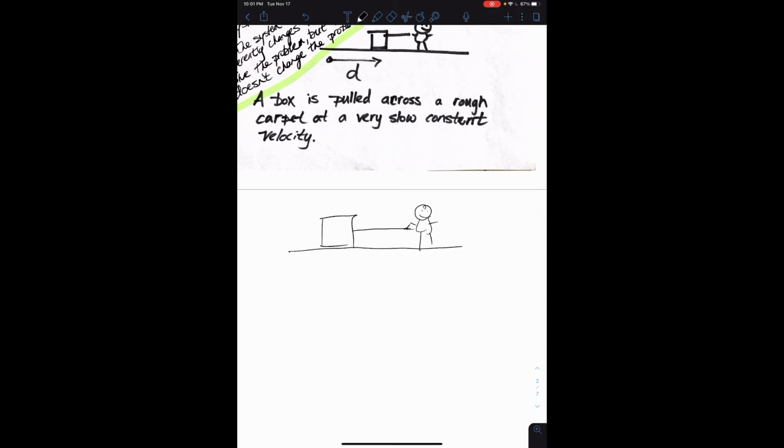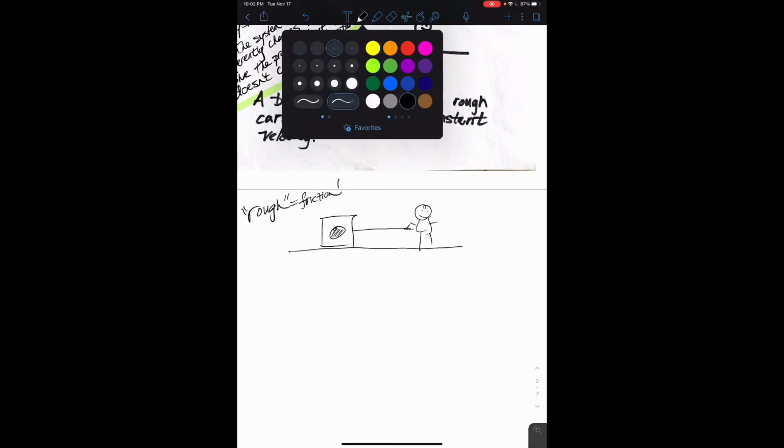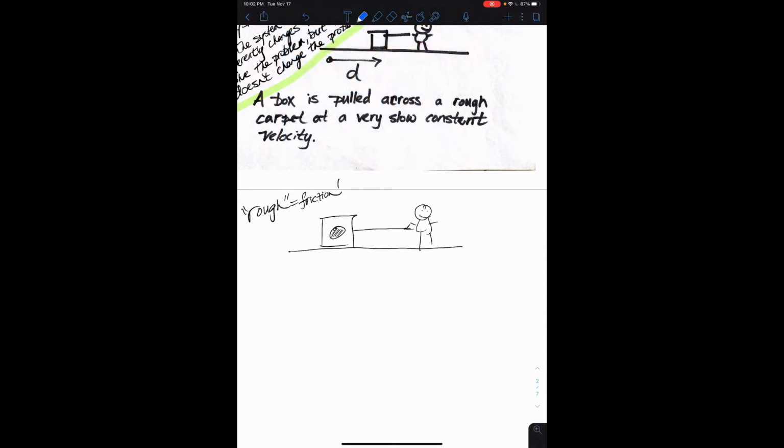And let's draw a dot on the box, because we like to draw our forces coming from that. The carpet is rough. Rough is code for friction. When you see that rough surface, it just means friction. So that's the person that wrote the problem talking to you and telling you that.